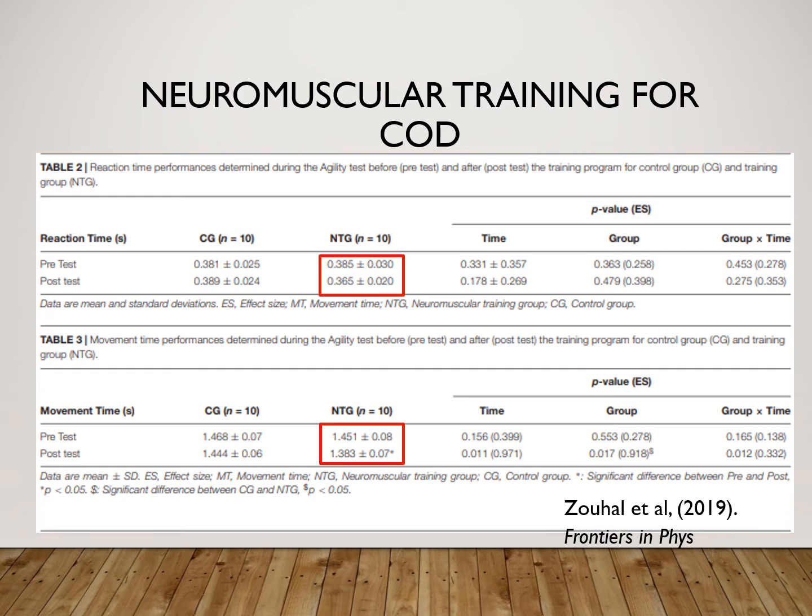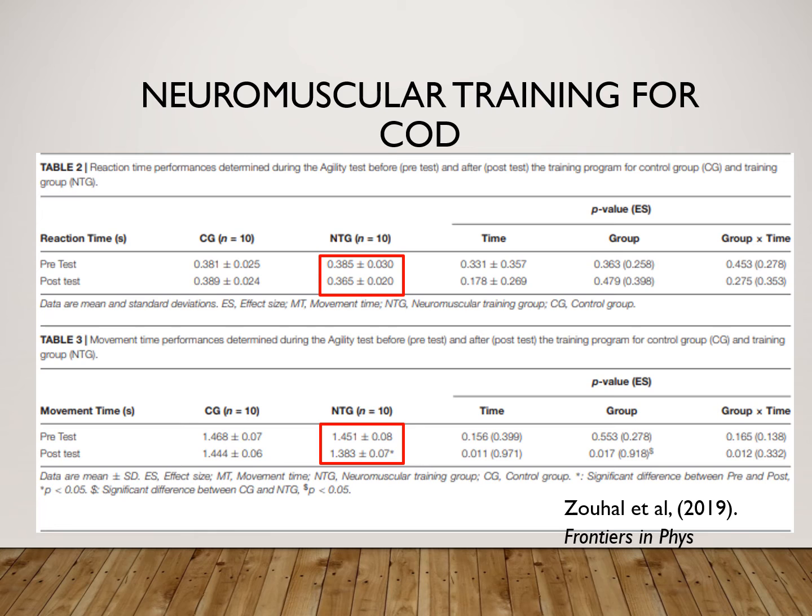What we can see from the highlighted data is there was significant improvement in agility time, and this was borne out by a decrease in movement time, whilst there was no significant difference in reaction time pre and post intervention.